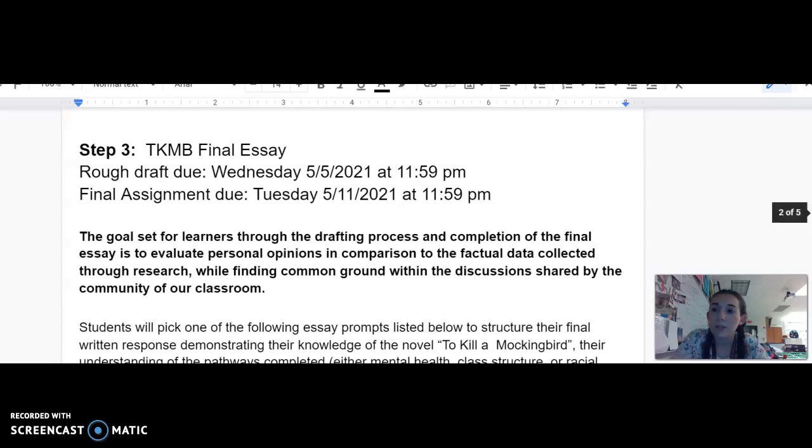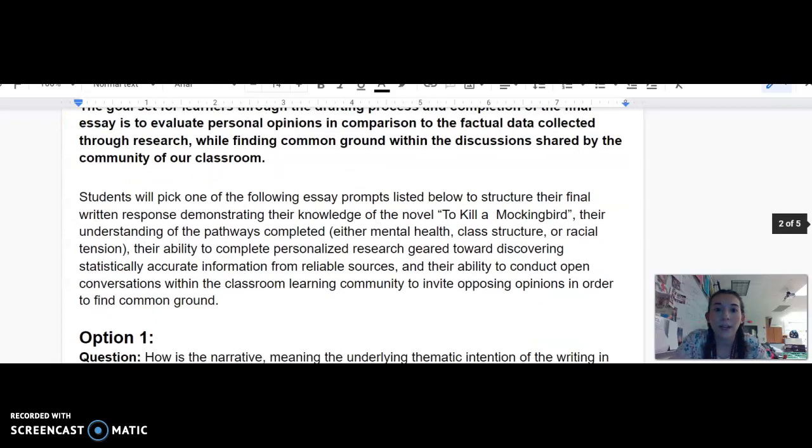So students will pick one of the following essay prompts listed below to structure their final written response demonstrating their knowledge of the novel To Kill a Mockingbird, their understanding of the pathways completed, either mental health, class structure, or racial tension, their ability to complete personal research geared towards discovering statistically accurate information from reliable sources, and their ability to conduct open conversations within the classroom learning community to invite opposing opinions in order to find common ground.